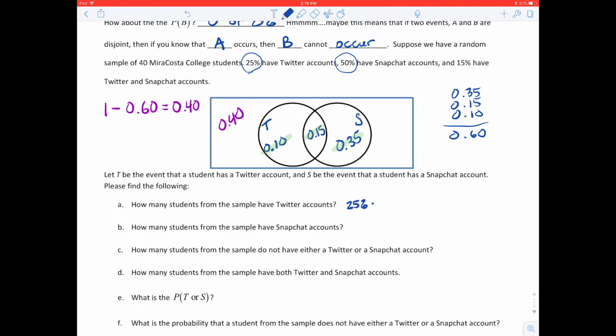So if we multiply 25% times 40, 0.25 times 40, that in turn is equal to, very good, 10 students have Twitter accounts.